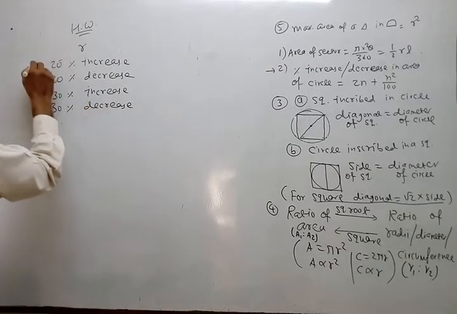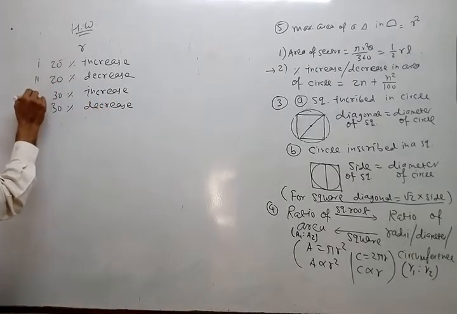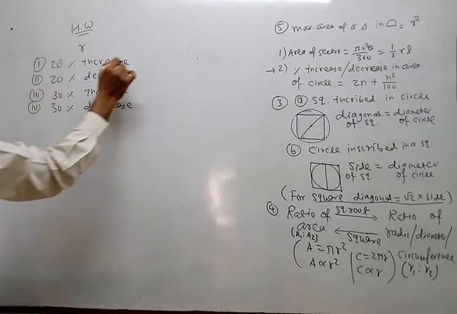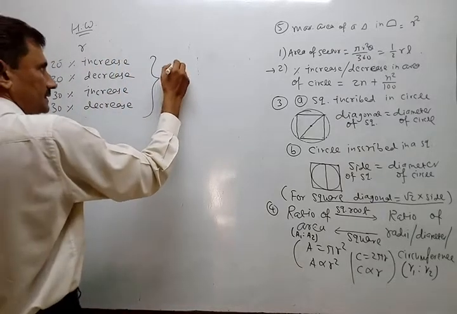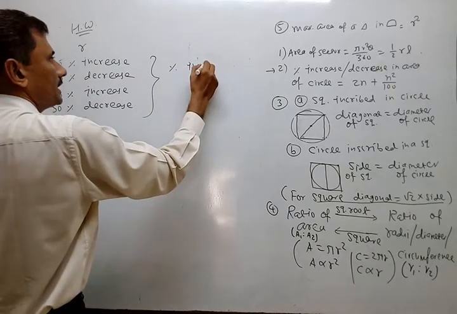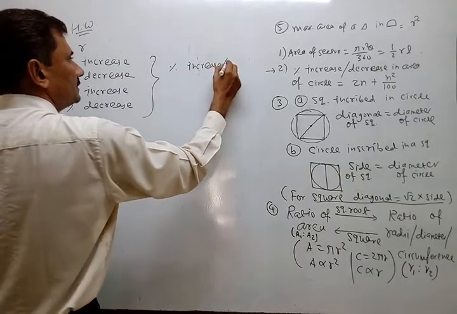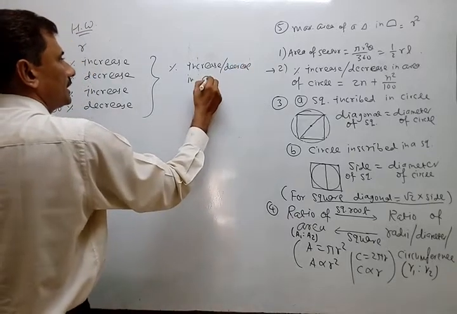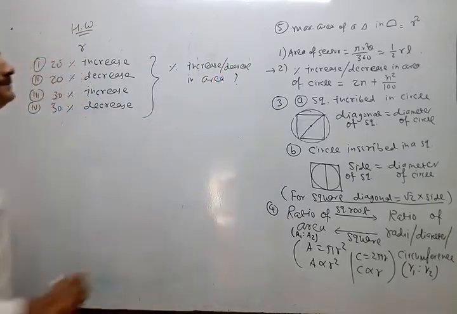In each case, total 4 cases are there, meaning 4 sums by the shortcut method only. What to find? The percentage increase or decrease in area. That we have to find.